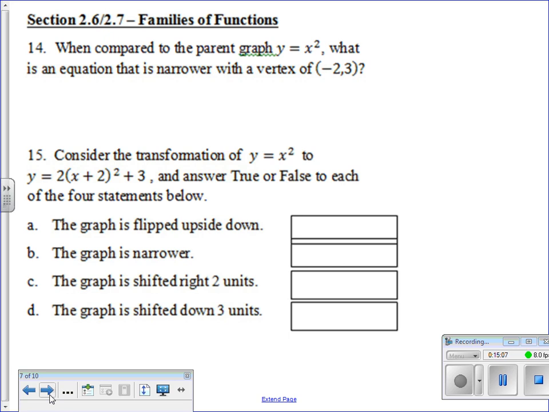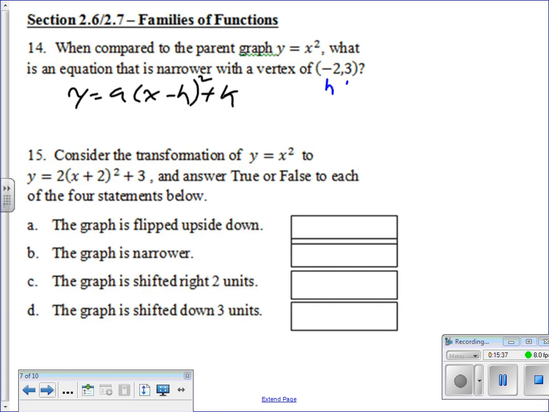Okay, when compared to the parent graph, y equals x squared, what is an equation that is narrower with a vertex of (-2, 3)? So here's what you're trying to do: fill in the h, the k, and the a appropriately.